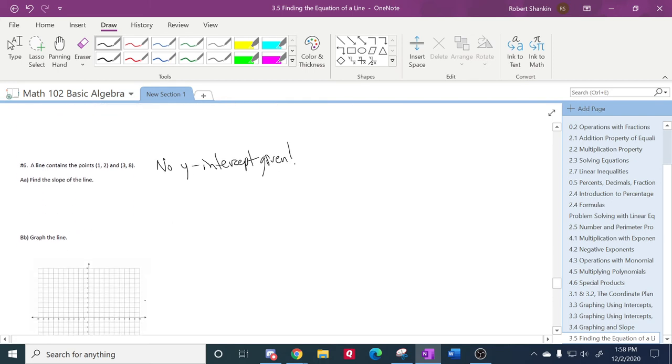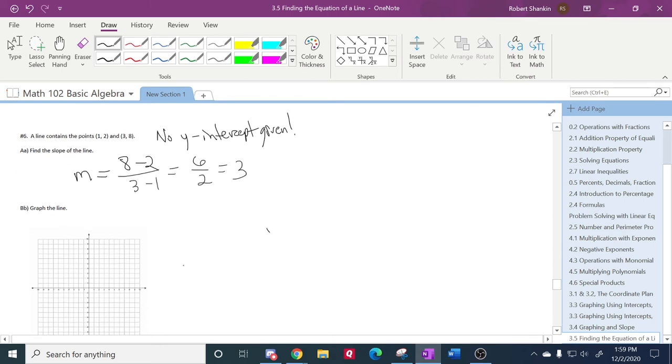So this is going to be tougher. All right, we can still find the slope, and we'll do this together here. M equals 8 minus 2 over 3 minus 1, 6 over 2, which is 3. Now I'm going to graph the line.